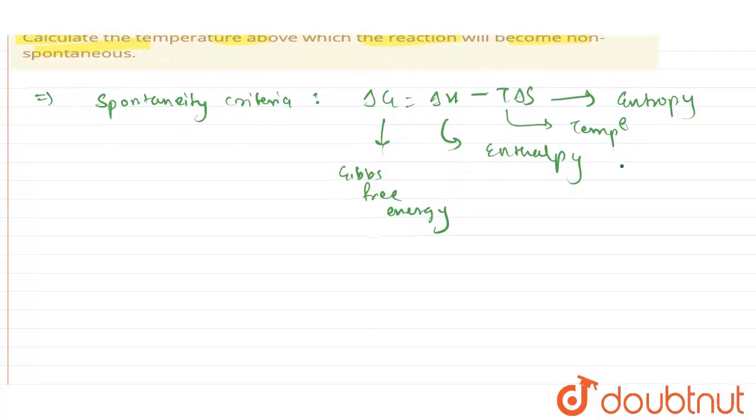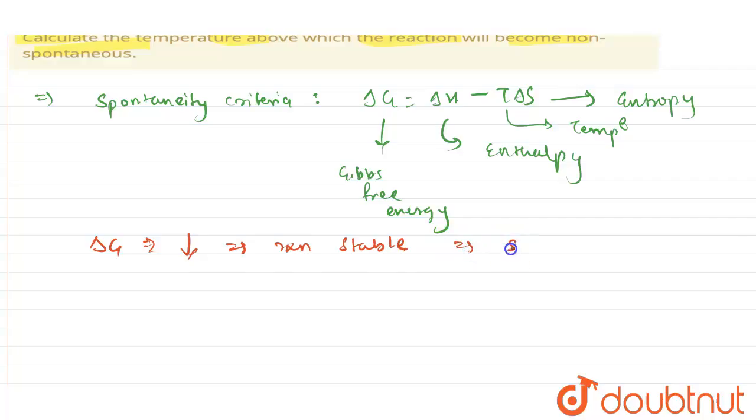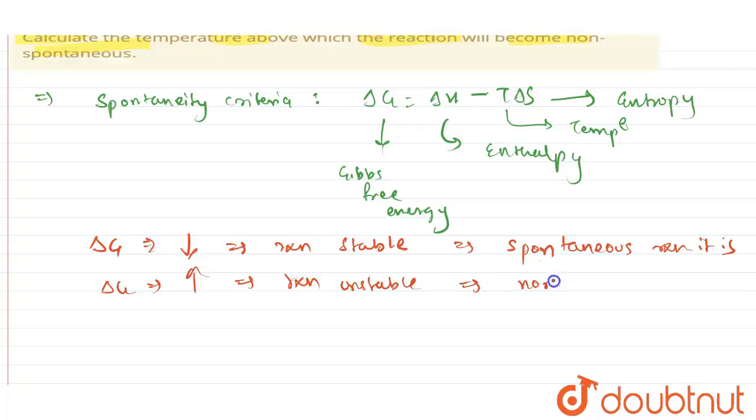Now, if the delta G value is low, that means the reaction is stable, which means it is a spontaneous reaction. And if delta G value is high, that means the reaction is unstable and it is a non-spontaneous reaction.